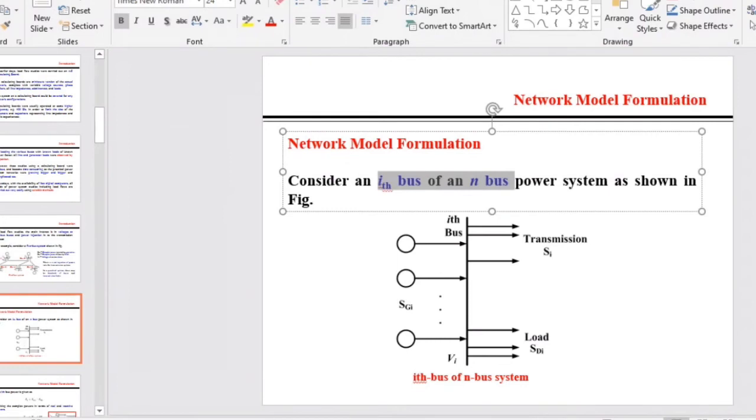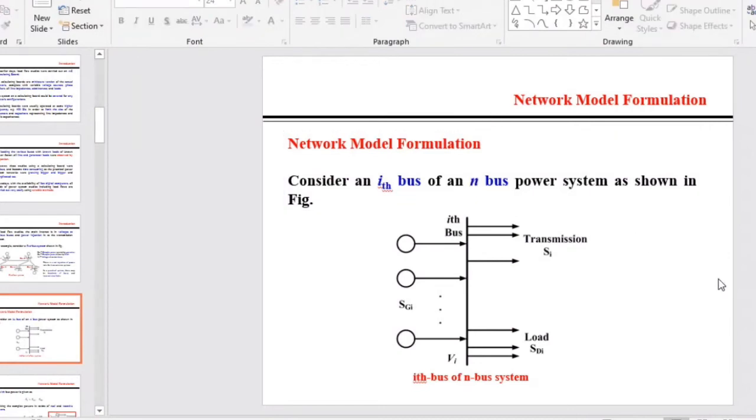Initially we need to know how many buses are there, like the previous example was a 5 bus system. If we don't know, when we formulate our theory, we consider that it will have n number of buses in it, and for that n bus system, we will need to consider each and everything for each and every bus.